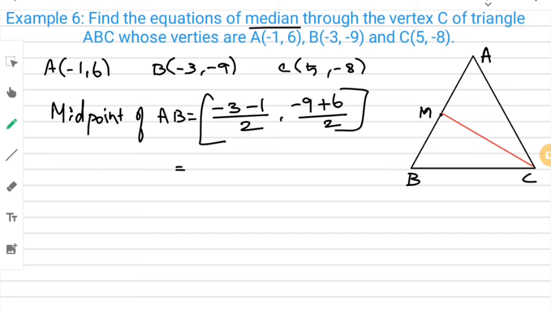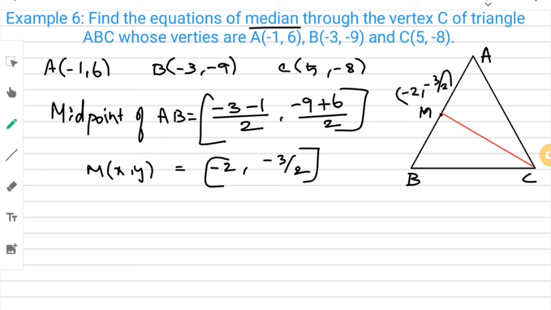Minus 3 minus 1 is minus 4, minus 4 by 2 is minus 2. Minus 9 plus 6 is minus 3, so minus 3 by 2. And this is the point M, M of x comma y. We got the point M as (-2, -3/2).